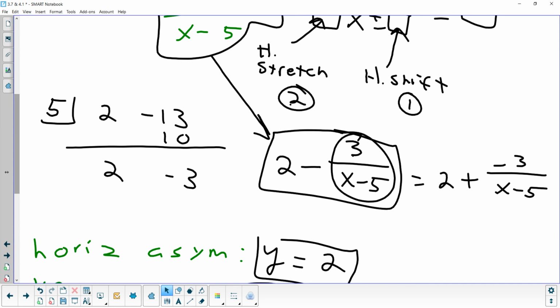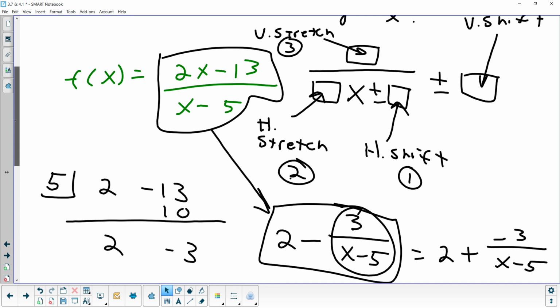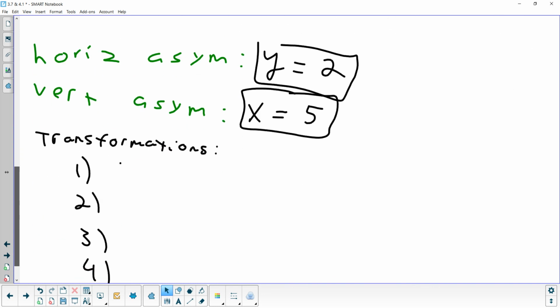Yeah, the 5. Good. The 5 is a horizontal shift, and it's a minus. Does anyone remember, what way does a minus move when it's horizontal? Be careful. It's a minus, so it... Bailey? To the right. It does move to the right. So shift 5 right. Okay, good.